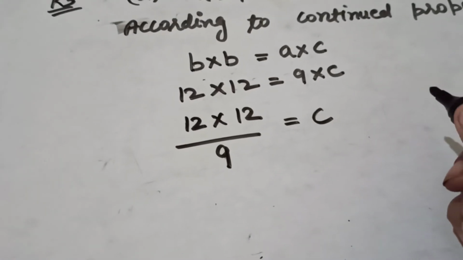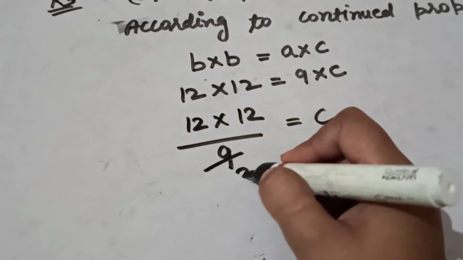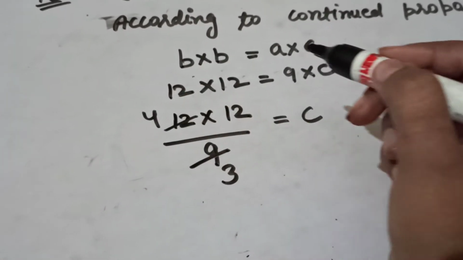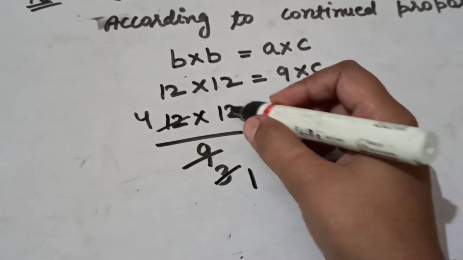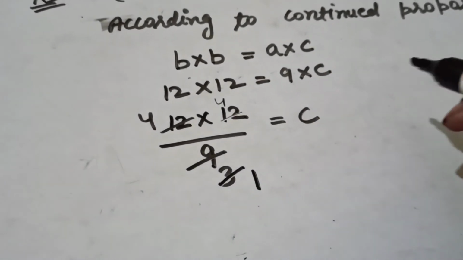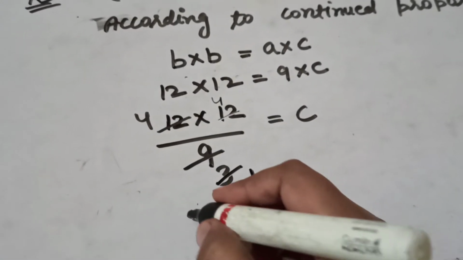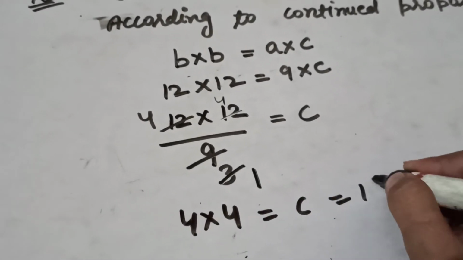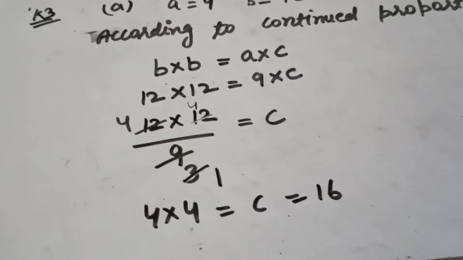C will remain as it is. Now cut. 9 divided by 3, 3; 12 divided by 3, 4. Again 3 ones are 3, 12 divided by 3, 4 comes. So 4 multiply 4 equals to C, which is equals to 16. Clear?